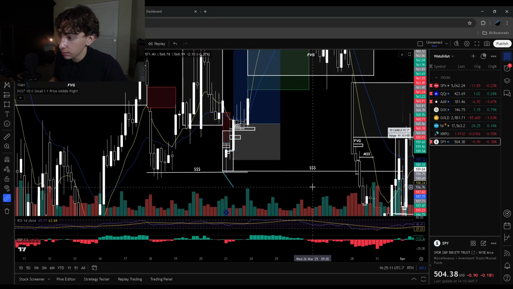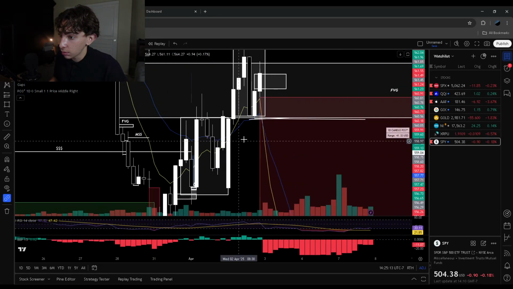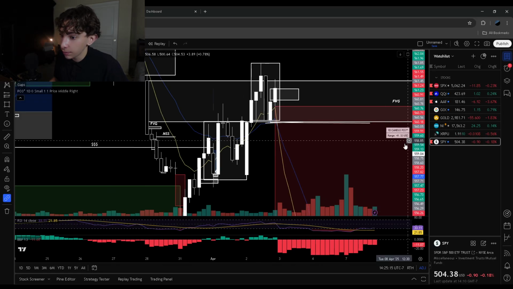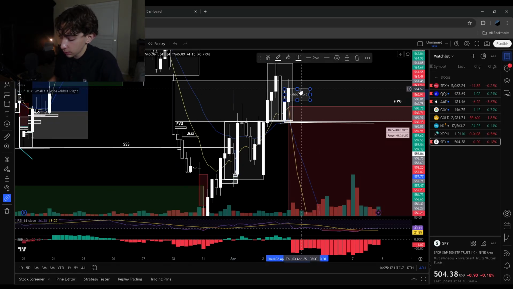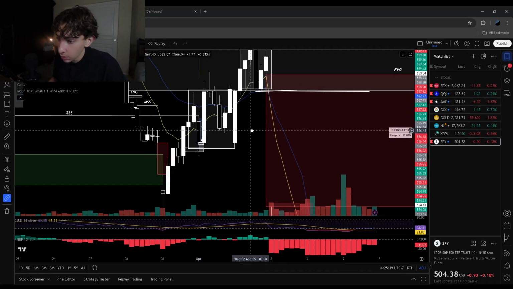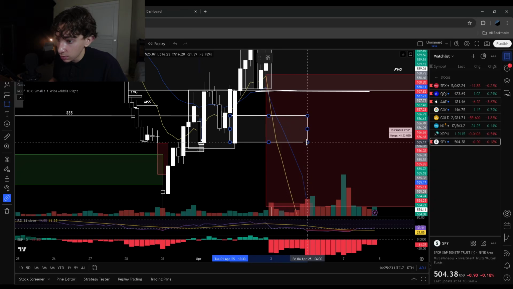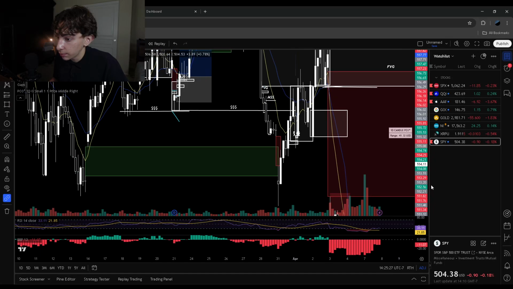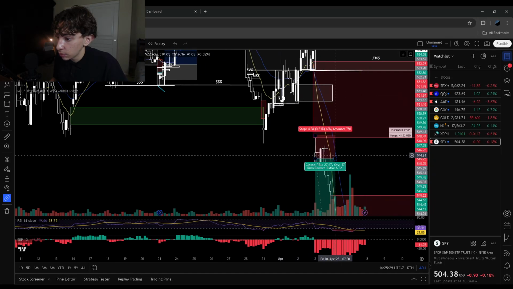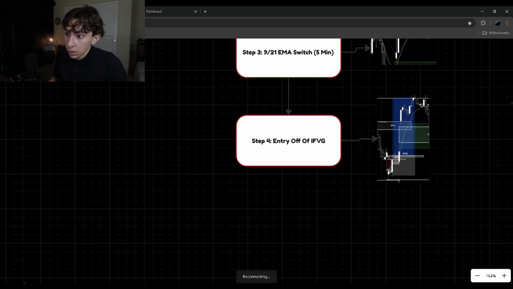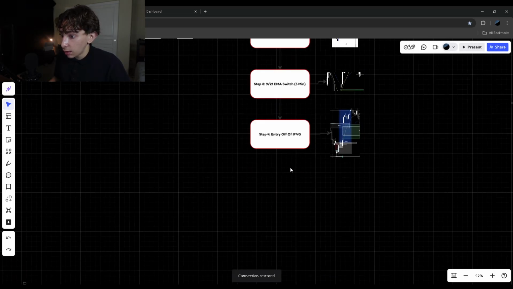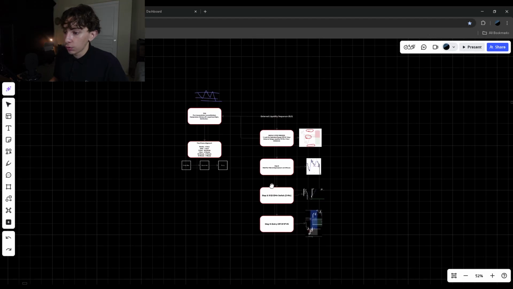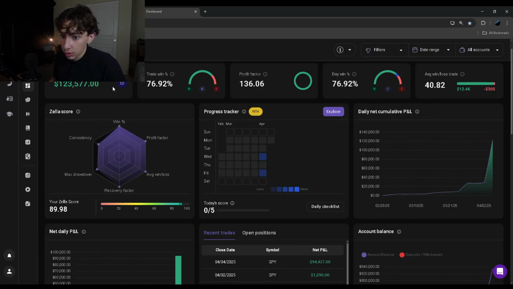You can probably see a much better one on there because that's actually where we find our structures around the 5-minute. And then yeah, we have one right here because again, we want to do time frame alignment. We have an inverse fair value gap. That is usually where our entry wants to be. We have one right there. Market gets through that, and then what do we do? We enter.